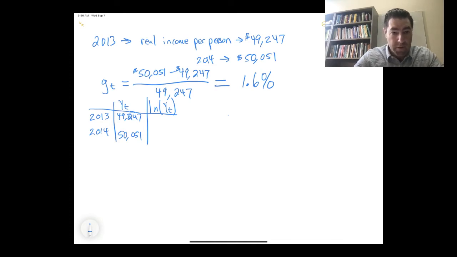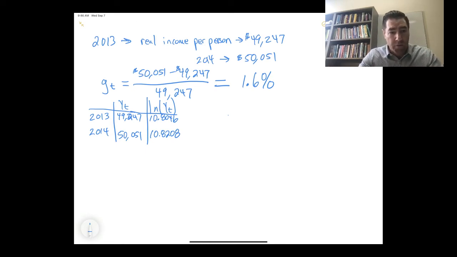So the natural log of 49,247, I get, is 10.8046. Make sure that you can get these same numbers. And the log of 50,051 is 10.8208.